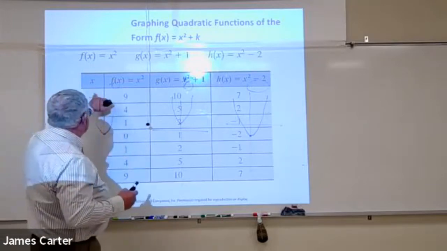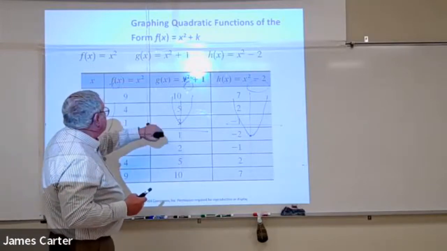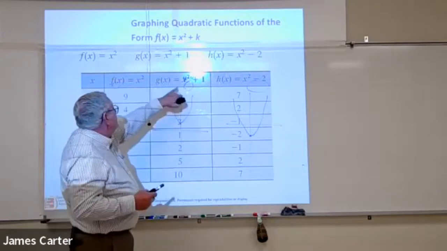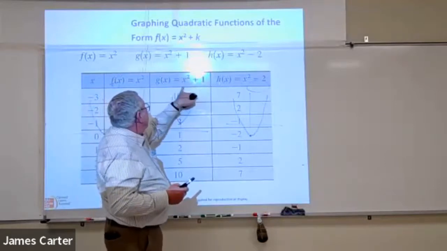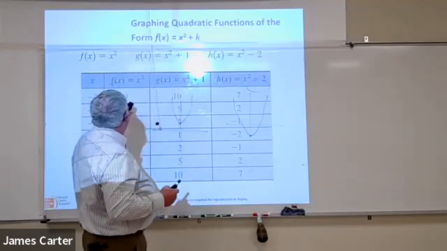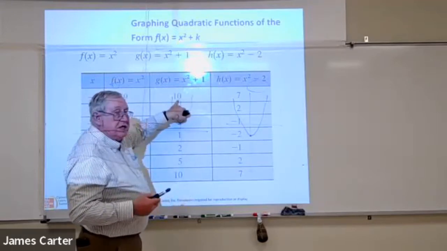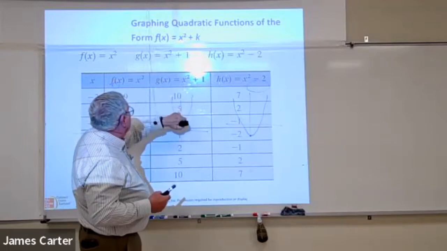If you look at this, same set of x values. Only this time, if you have -3 for x, if x is -3, this gives me 9 plus 1 more makes 10. Okay, so that shifts that point up 1.